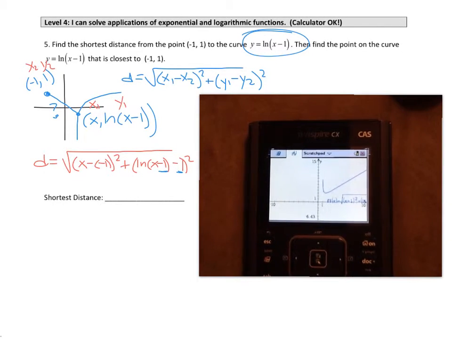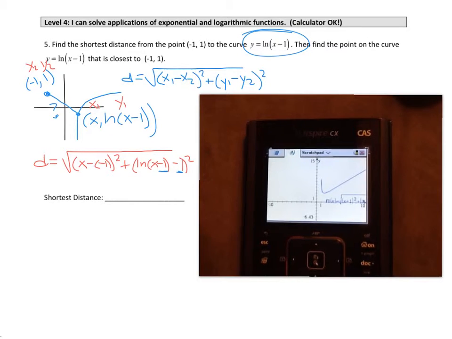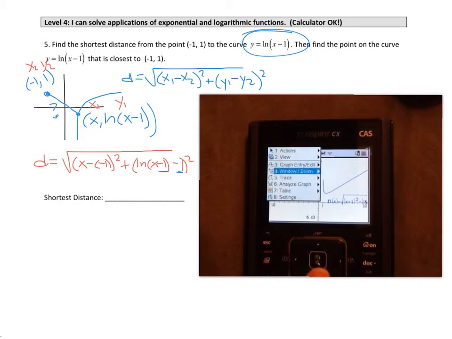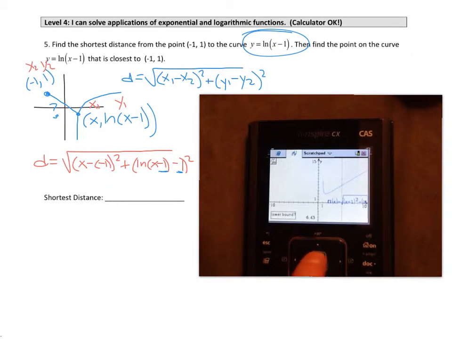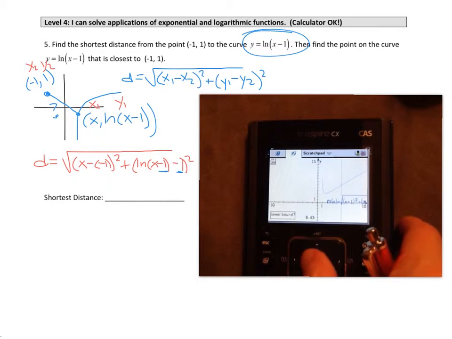If I want the shortest distance, I need to find the minimum point of this graph. So I go to Menu, Analyze Graph, and Minimum. When it says lower bound, I need to move to the left of the minimum point.